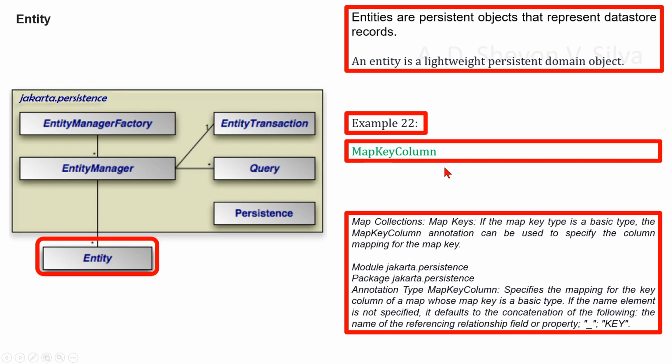Now we are considering map keys in map collections. If the map key type is a basic type, the MapKeyColumn annotation can be used to specify the column mapping for the map key.